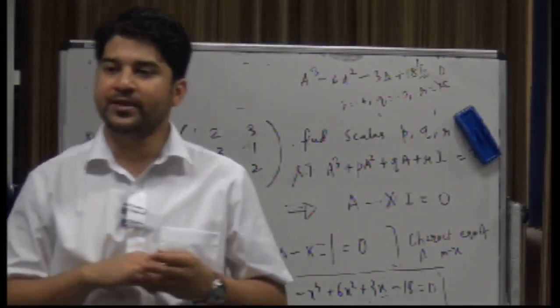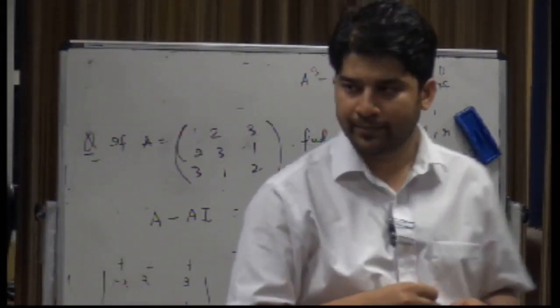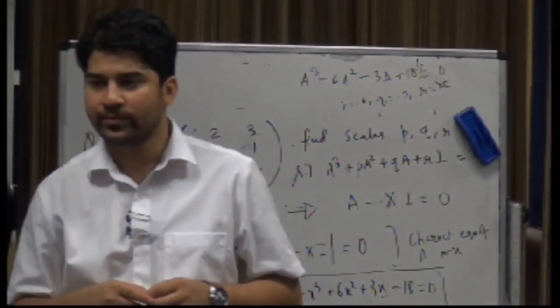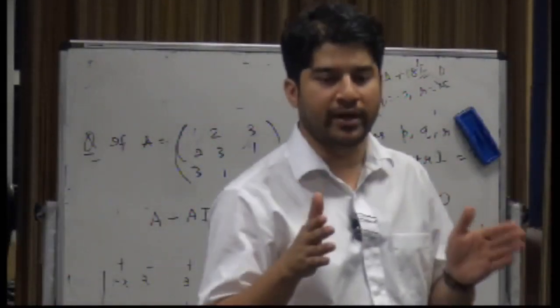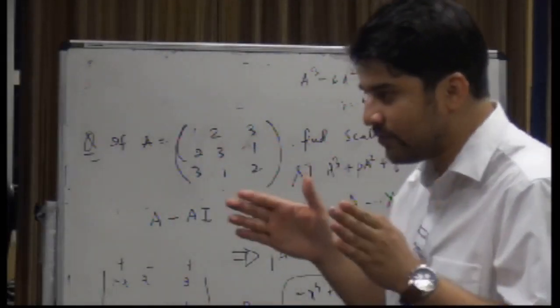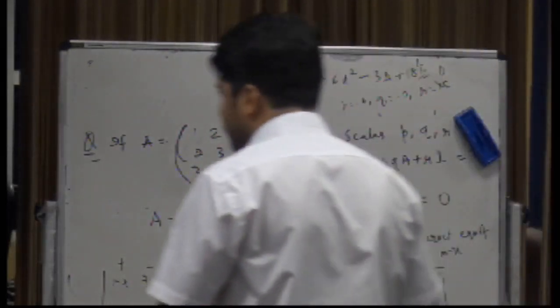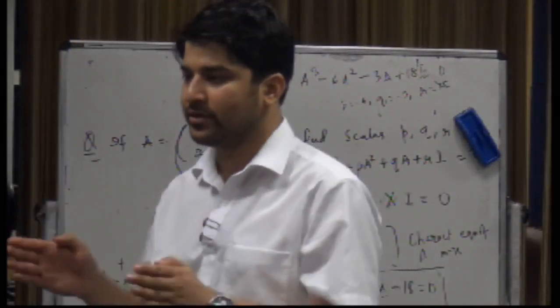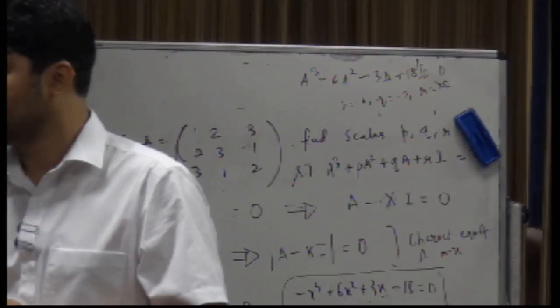And if i plus j turns out to be odd, then it is the negative of the minor. Understood? And when you have a matrix entered with all the cofactors of the elements, you call that matrix the cofactor matrix.